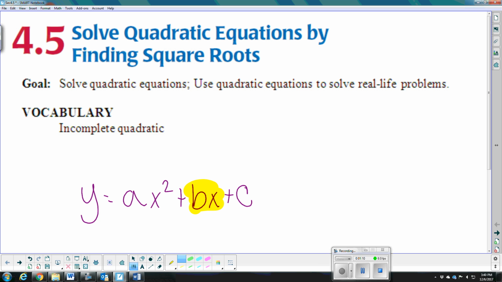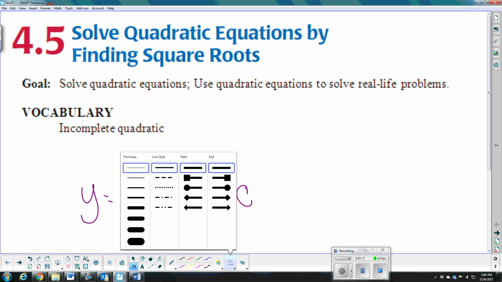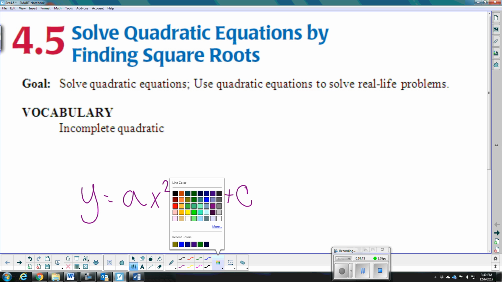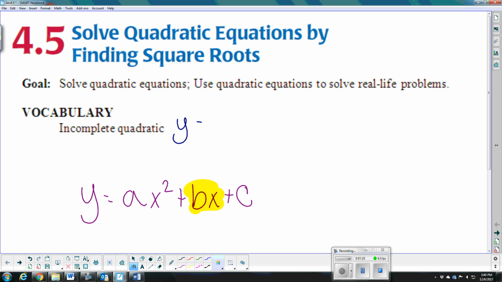If it's missing that term, it means b equals 0. So an incomplete quadratic is y equals ax squared plus c. It does not have a linear term. So you're missing the linear term.